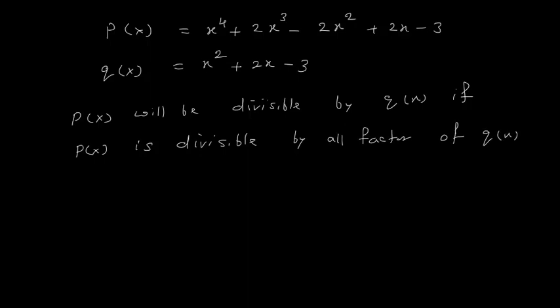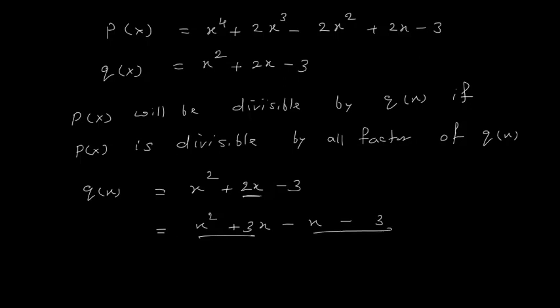Okay. So let us factorize Q(x). Q(x) is x square plus 2x minus 3. Now we split this 2x in such a way that their addition will be equal to 2x and their product will be equal to minus 3. So 3 and minus 1 will give me the required factors.